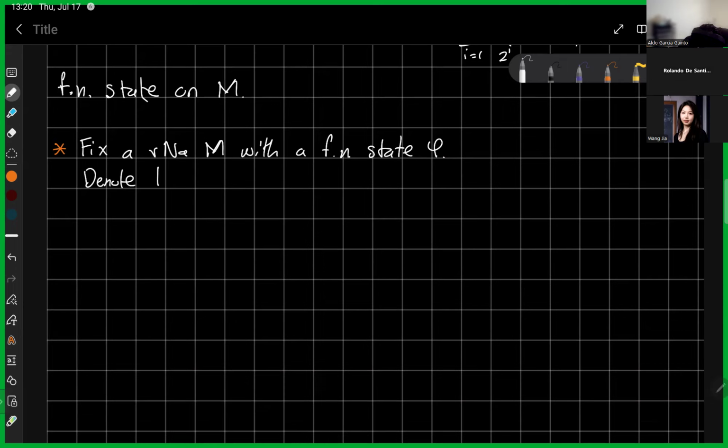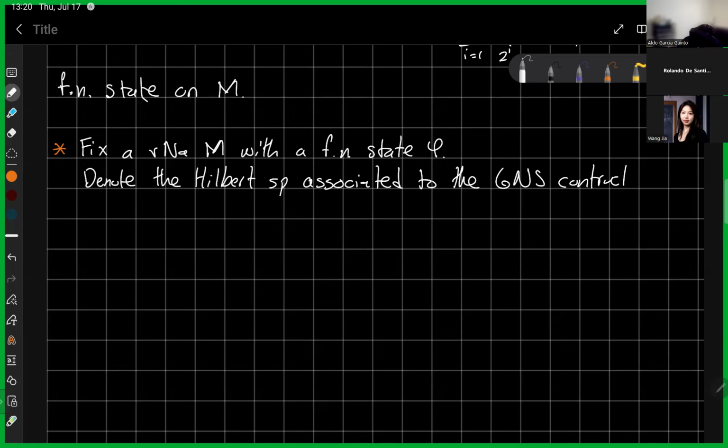denote the Hilbert space associated to the GNS construction by L2(M, phi).